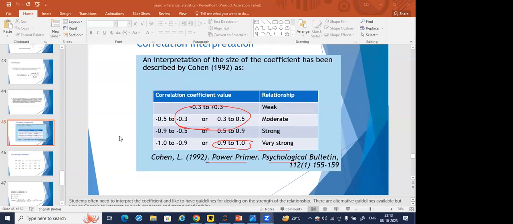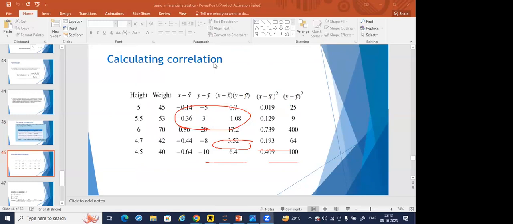Now here, suppose I want to understand how to find out the calculation. Suppose I have two variables here, height and weight.